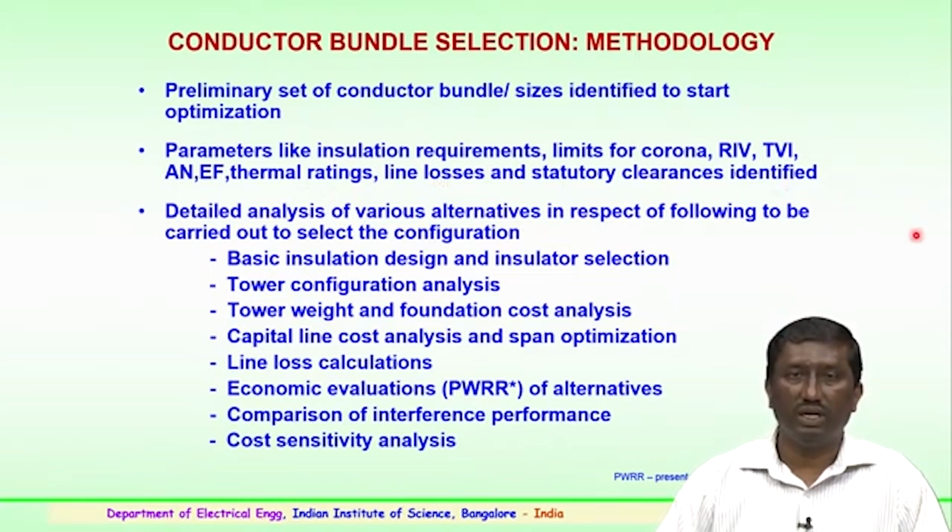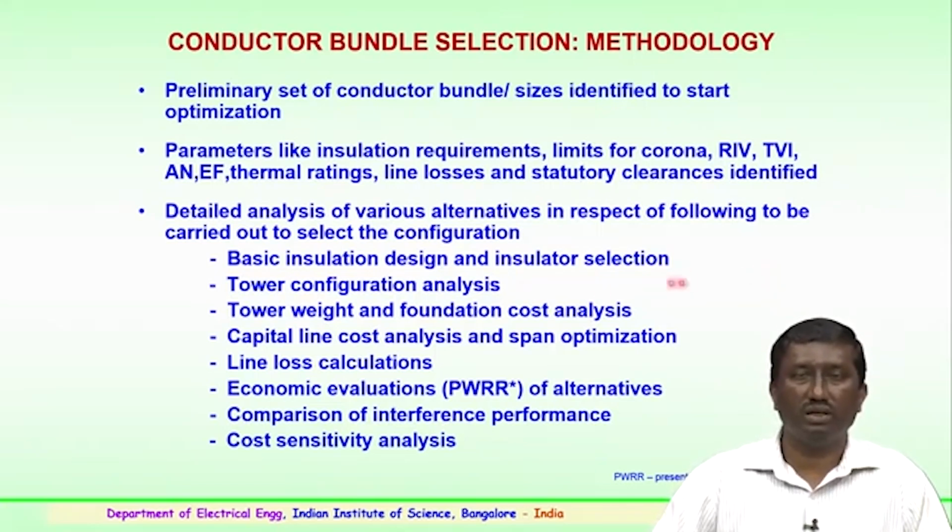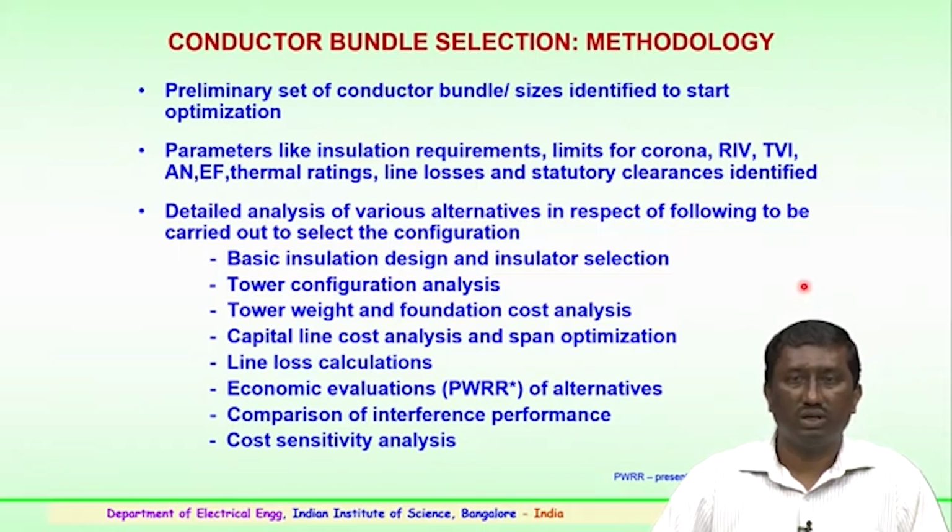Further detailed analysis of various alternatives in respect of the following should be carried out, so that it would be helpful to select a particular configuration for the transmission or distribution system. The basic insulation design and insulator selection has to be done, the conductor size has to be identified, and the insulation level to be used.